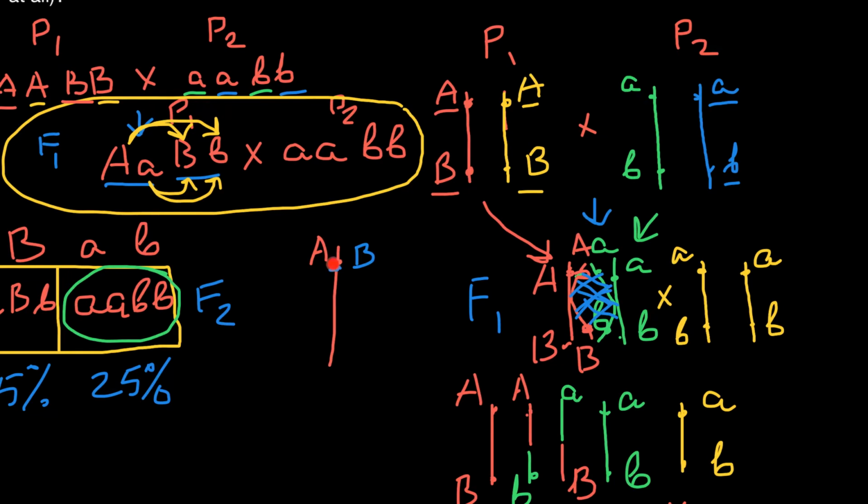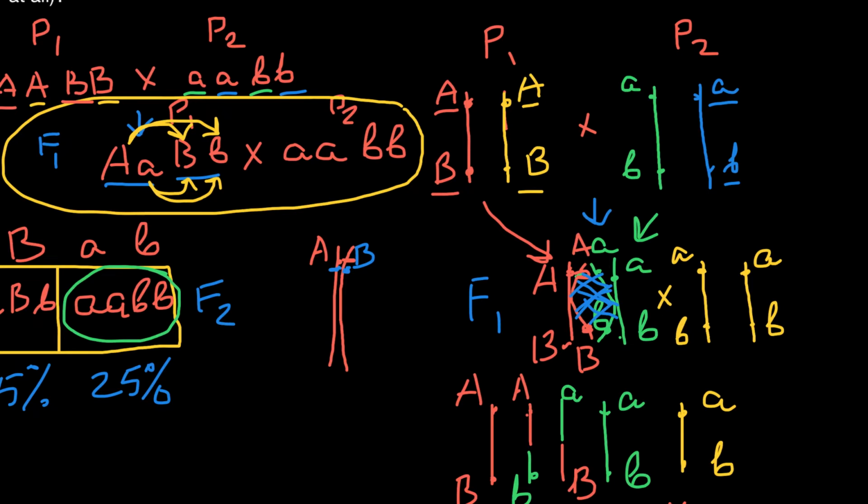And that means that no crossing over would happen here at all. So when we would have, for example, during meiosis, this chromosome make another sister chromatid, gene A and B would be so close to each other that no crossing over would happen.